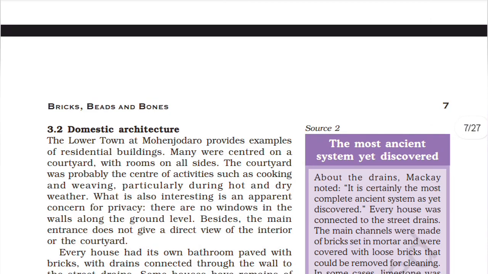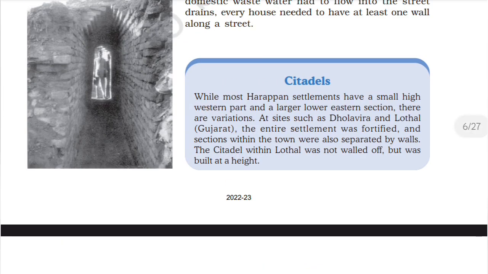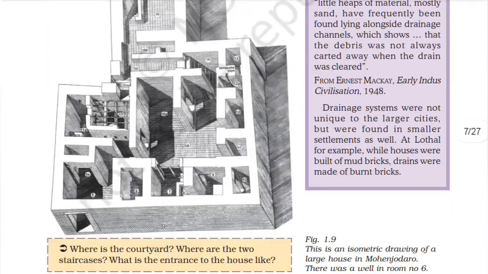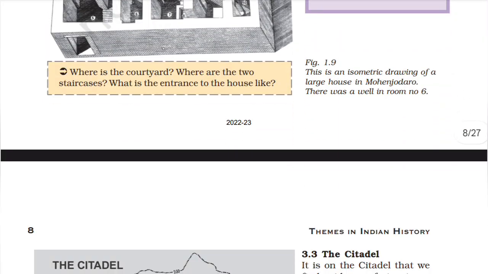The lower towns were basically where the homes were. They were also built on a platform. But the difference between the citadel and the lower town is that the citadel is higher than the lower town. They are both built on platforms. In the citadel you mostly find the public buildings.